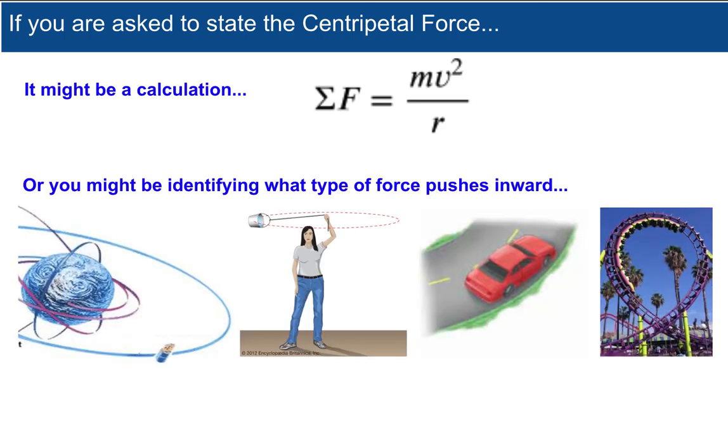What type of force is pushing inward that's causing something to go in a circle? So if we had something that was orbiting a planet, like a satellite, in that case, it's going to be a gravitational force that's pulling the object towards the planet. That's really going to be described in our next topic.